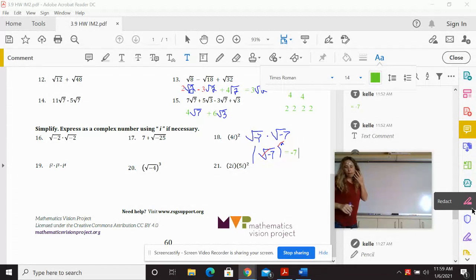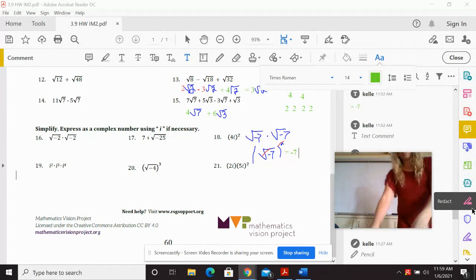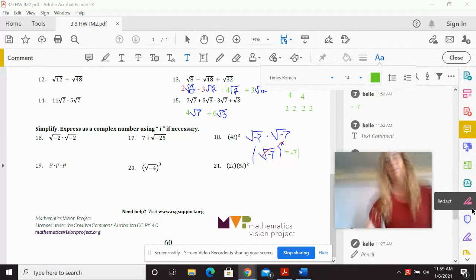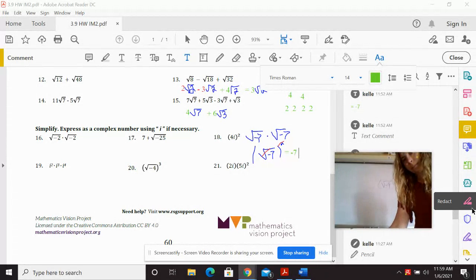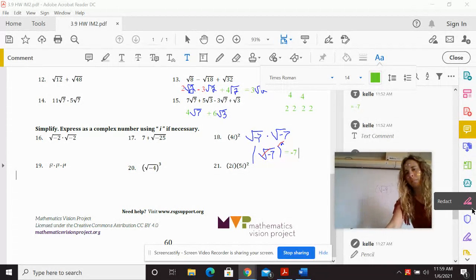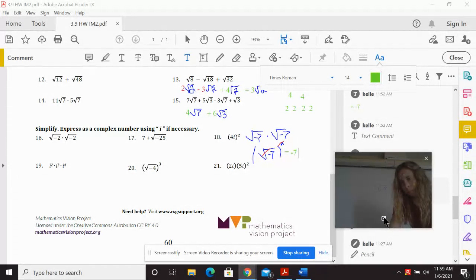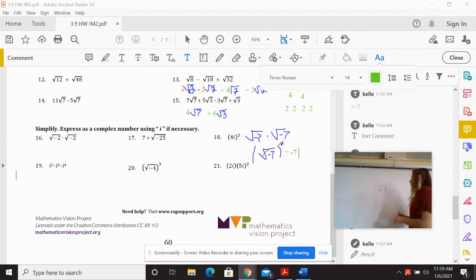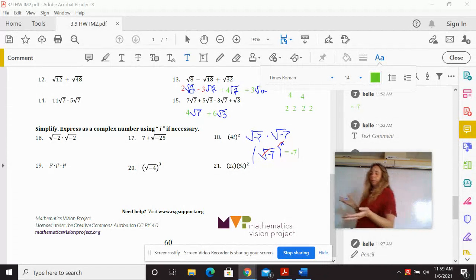So I'm going to do, instead of that, let's do, I think you can see that. Okay, the square root of -9 cubed.